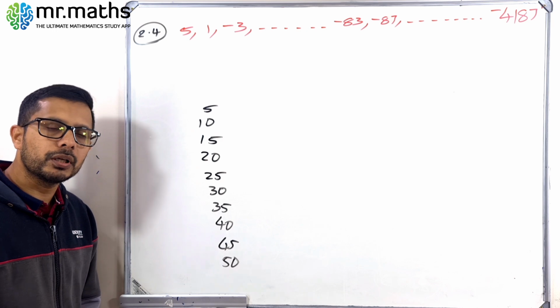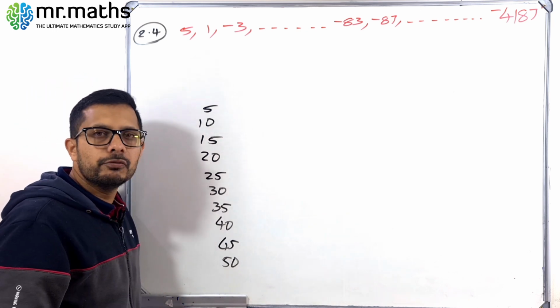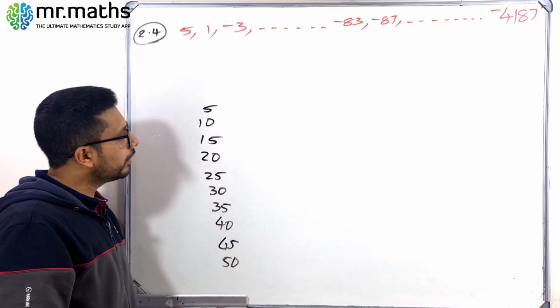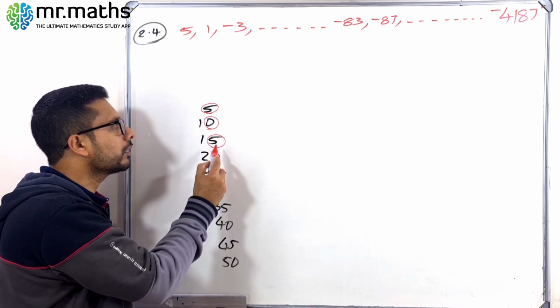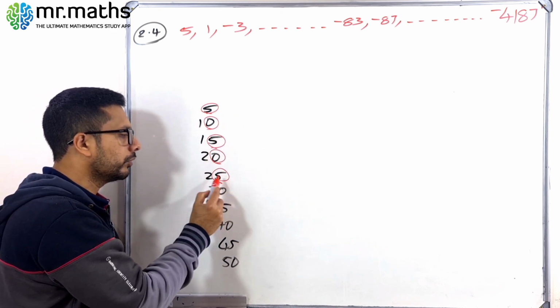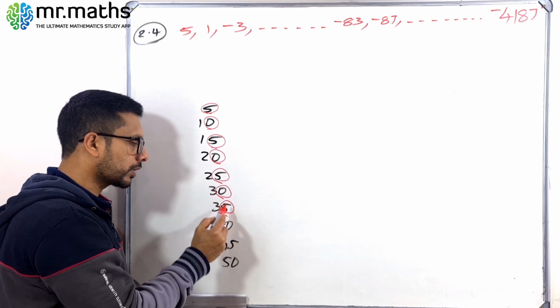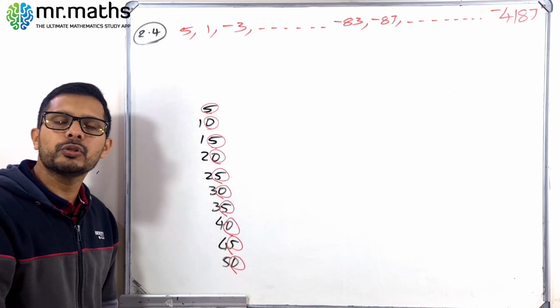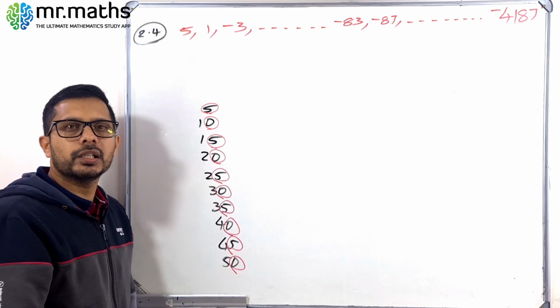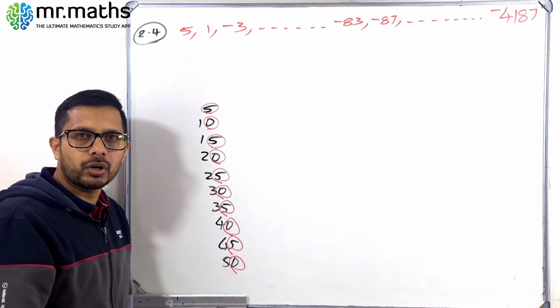So for a number to be exactly divisible by 5, the last digit, or the unit digit, must be either 0 or 5. You know that from small class. Am I right? From primary class itself, if a number is divisible by 5, the last digit must be 0 or 5.